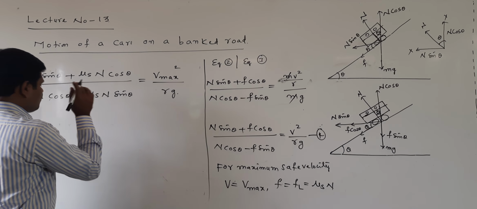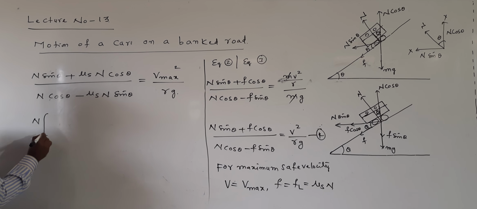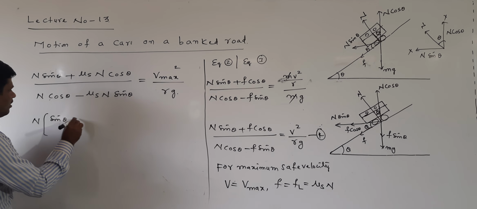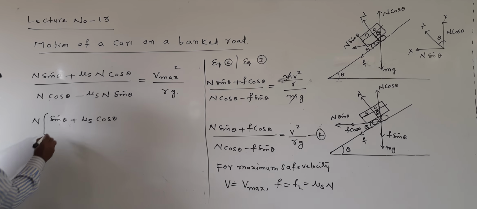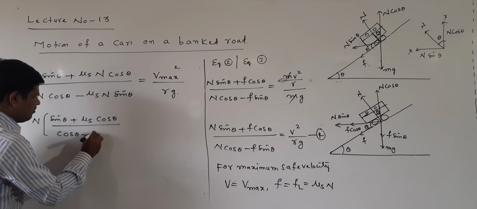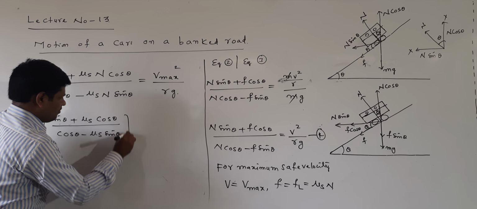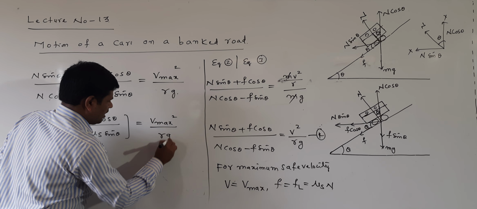Now in these two equations we can take N common. When taking N common, remaining is sin theta plus μs cos theta by cos theta minus μs sin theta is equal to v maximum square by rg.